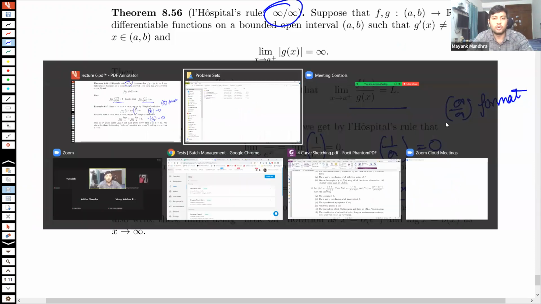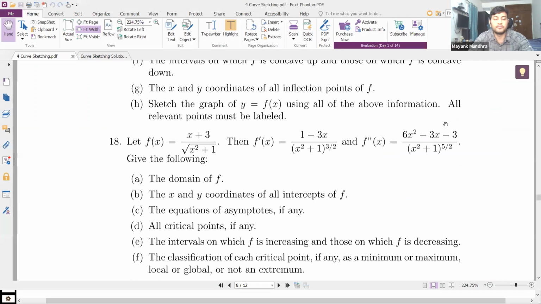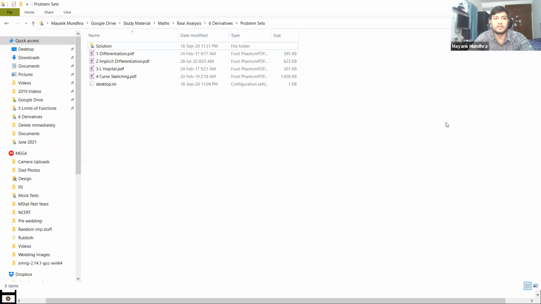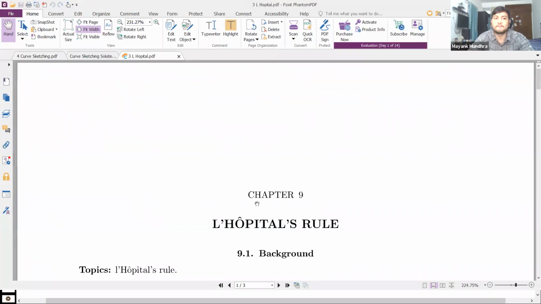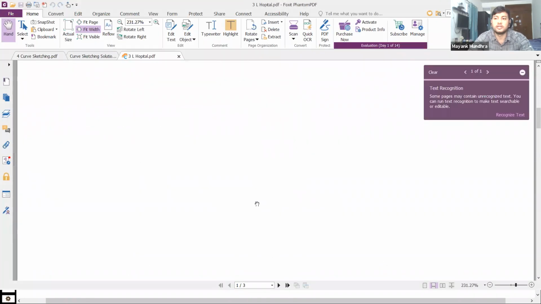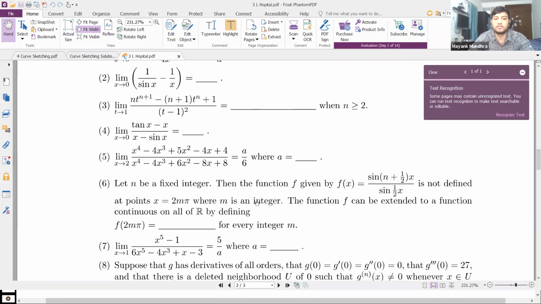All right, so now you have a bunch of problems here. You have this L'Hopital problem set where all the problems have to be done using L'Hopital.